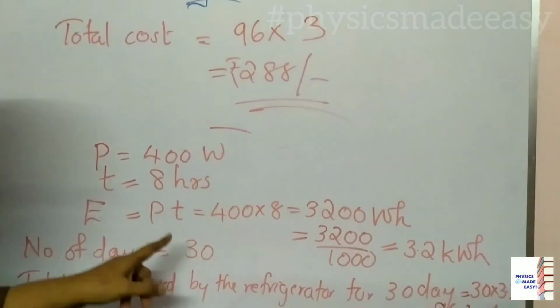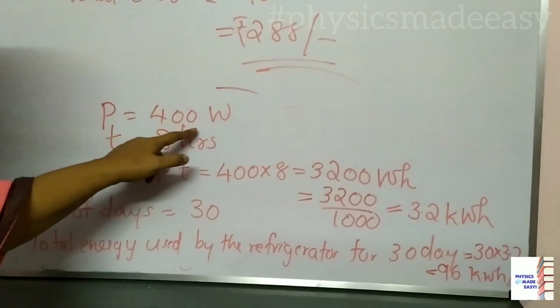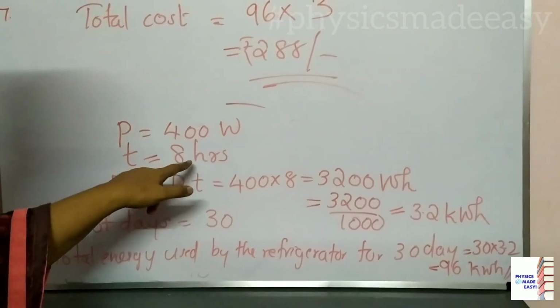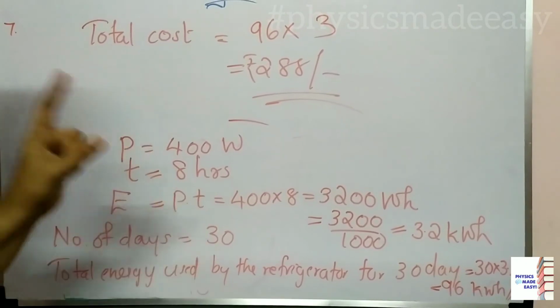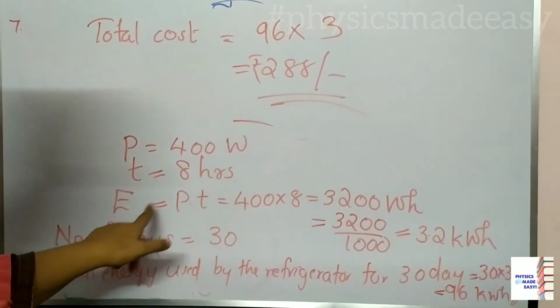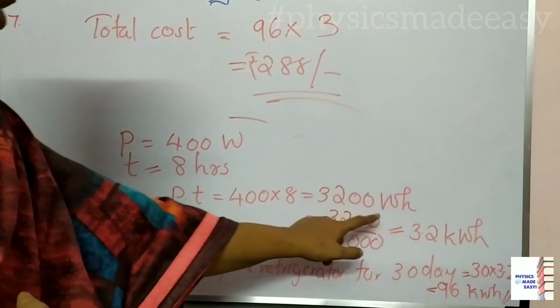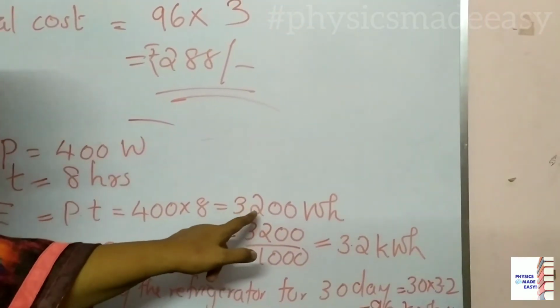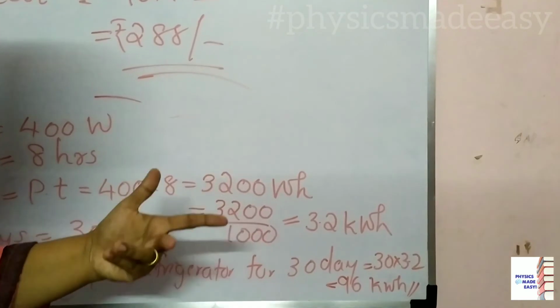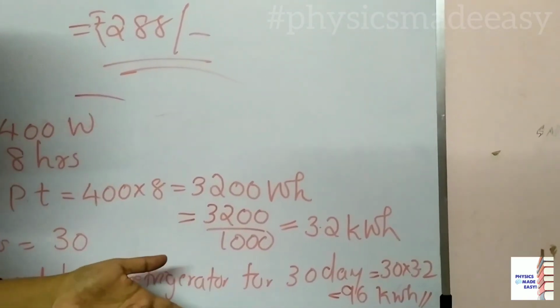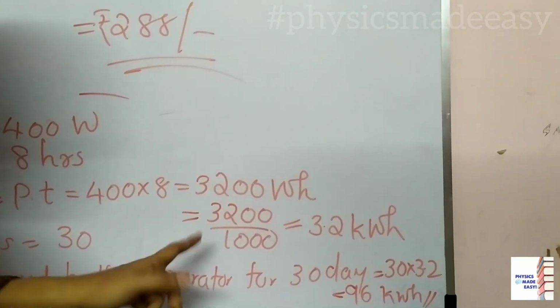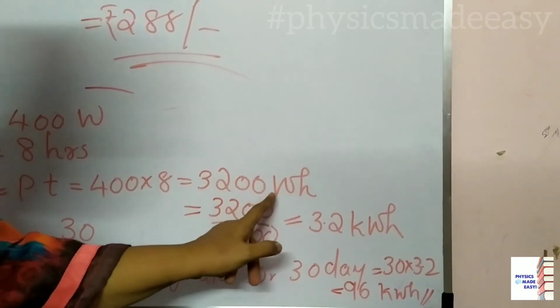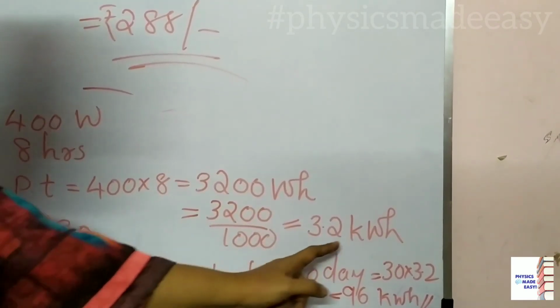Listen here children. Here power is given as 400 watt and time 8 hours. This is per day, for 1 day. That energy is, first we have to find that in watt hour, that is 3200 watt hour. Then we know that the unit is kilowatt hour, so we have to convert that watt hour into kilowatt hour, divide by 1000, and you will get 3.2.